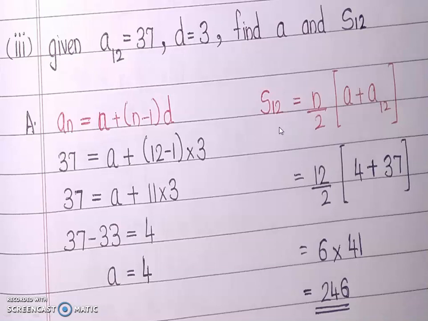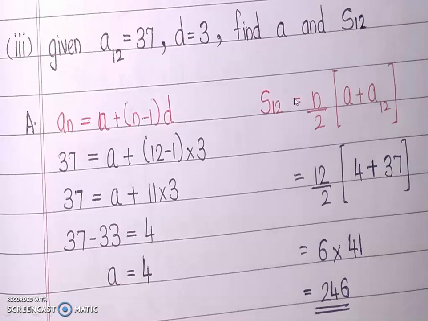What is the equation for Sn? Here also I am taking Sn is equal to n by 2 into A plus An. Why I am using that? Because 12th term is given and I am asked to find sum of 12 terms. Here both n are same. So I can use this formula.